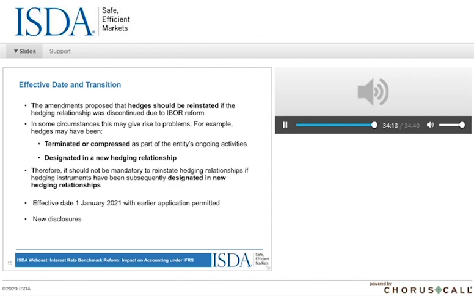In response to these concerns, the IASB agreed at its meeting in June that it will not be mandatory to reinstate hedging relationships if hedging instruments have been subsequently designated in new hedging relationships.